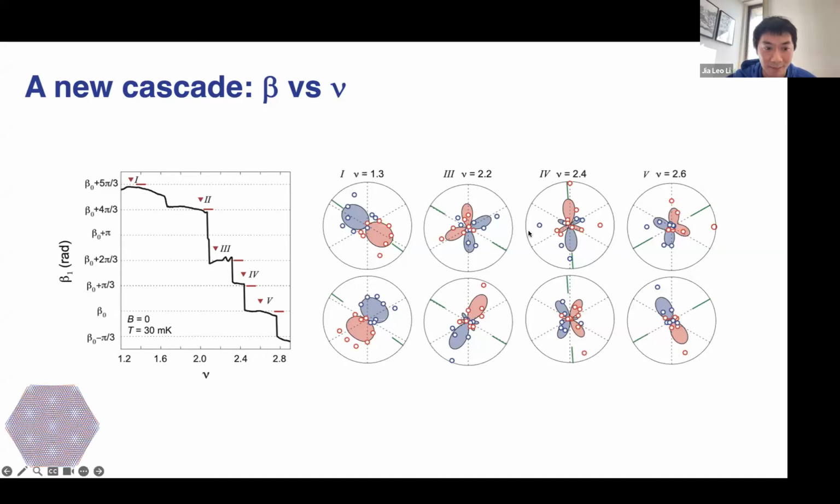graphene, right? So we can measure at B equals 0 as a function of band filling, and you see this cascade phenomenon where the mirror plane just jumps between these plateaus. The plateaus are separated by 60 degrees. Right, and so the mirror plane does seem to be locked to some directions.